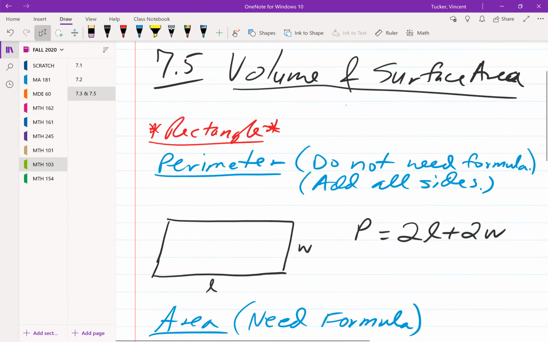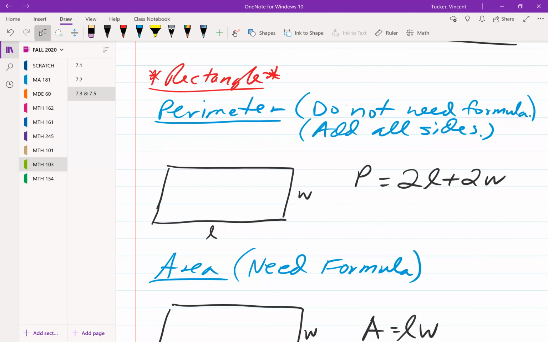If we look at a rectangle, the perimeter of the rectangle is just adding up all of your sides. You do not need a formula to calculate the perimeter of any shape, but some shapes do have formulas.